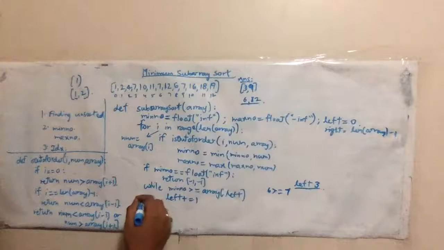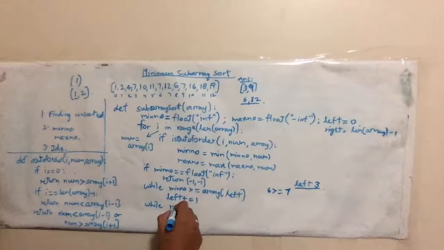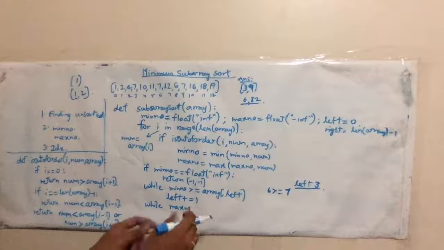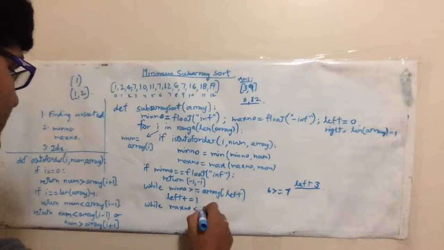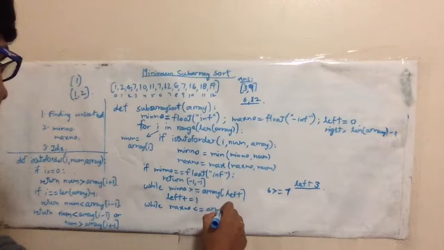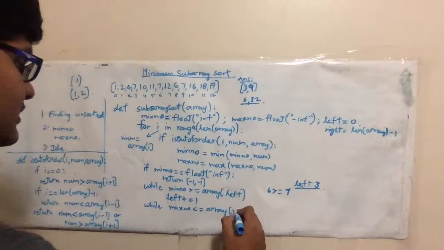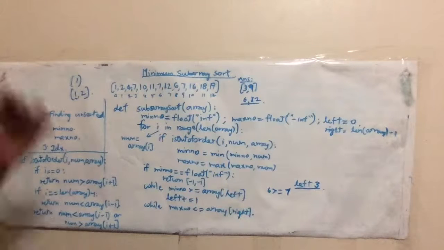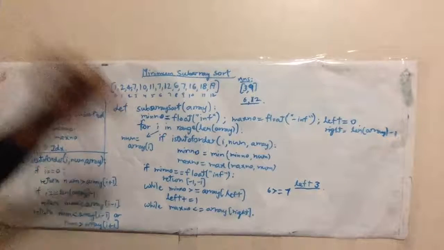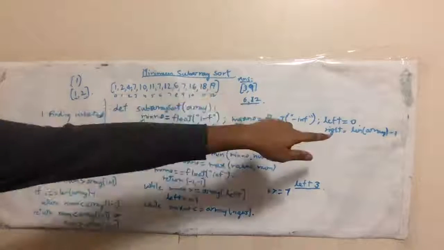Similarly, we need to find it for the max number. We knew that this is the unsorted part for the max number, so we need to look at the array of right. Array of right is initially the last number, length of the array -1.